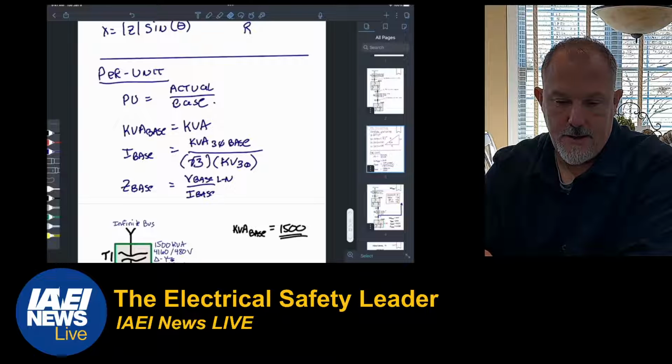Single line impedance diagram. I'm just looking for my notes.